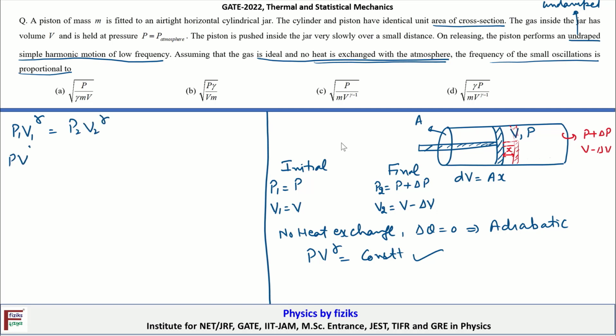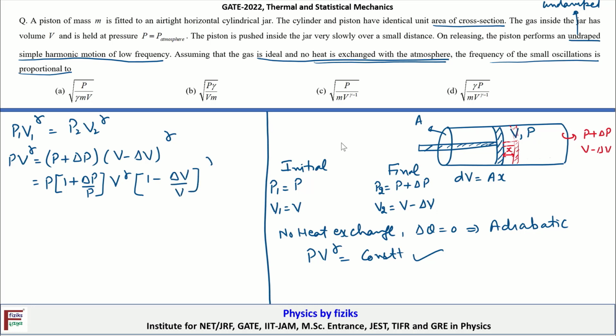P1 is P and V1 is V, so PV to the power gamma is equal to P2, which is P plus delta P, and V2, which is V minus delta V, to the power gamma. Taking P common from the first expression, that's 1 plus delta P by P, and taking V to the power gamma from the next expression, that's 1 minus delta V upon V to the power gamma.